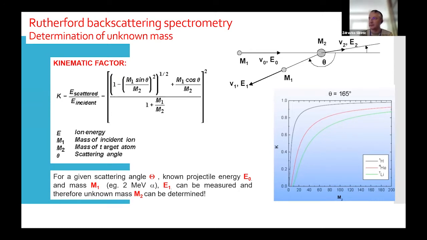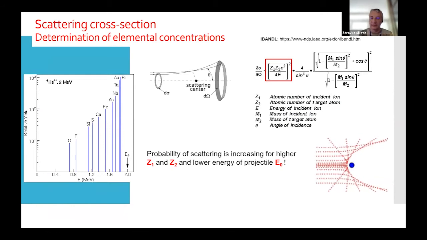The second question is, how much of this element is present in the sample? And this is governed by the dynamics of the scattering. Since in most cases we are working in the MeV energy range, and we try to work below the Coulomb threshold barrier, what we have is pure Coulomb scattering of the primary ion beam on the atom inside of the sample.